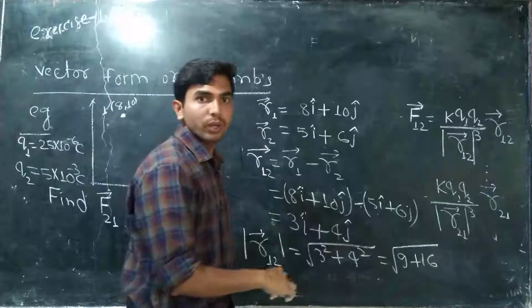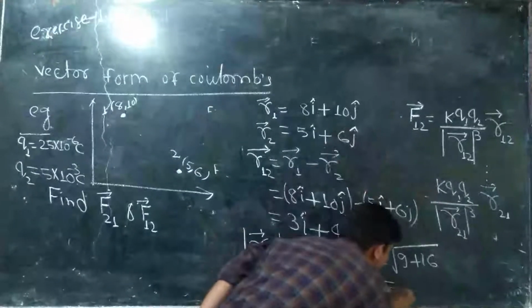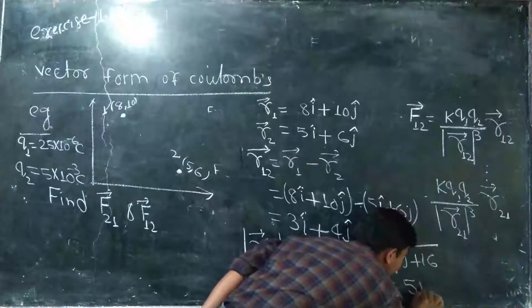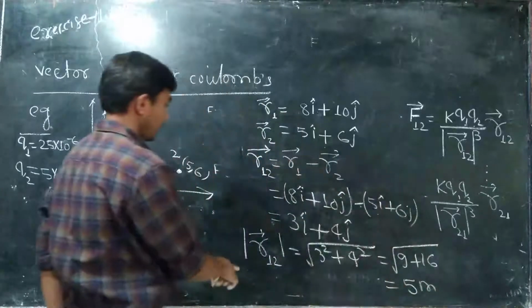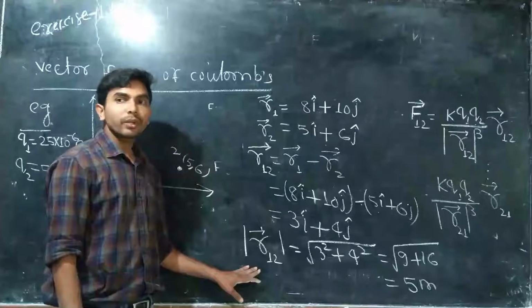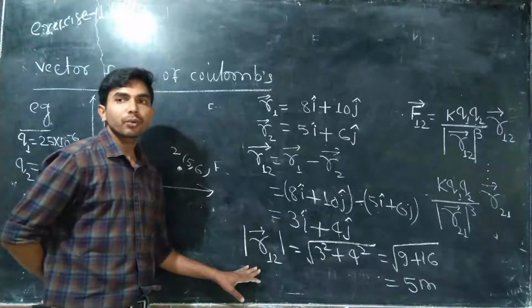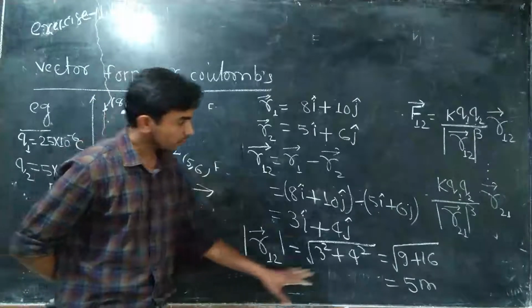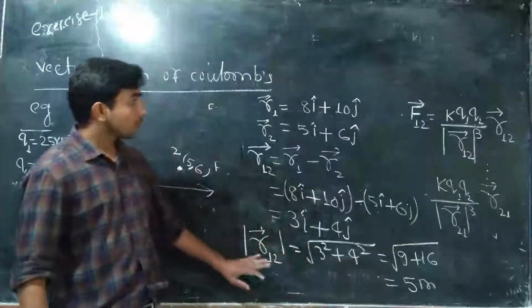Root under 25 means 5. So the magnitude of the position vector of R1 with respect to R2 is 5 meter, right? So this is calculated.